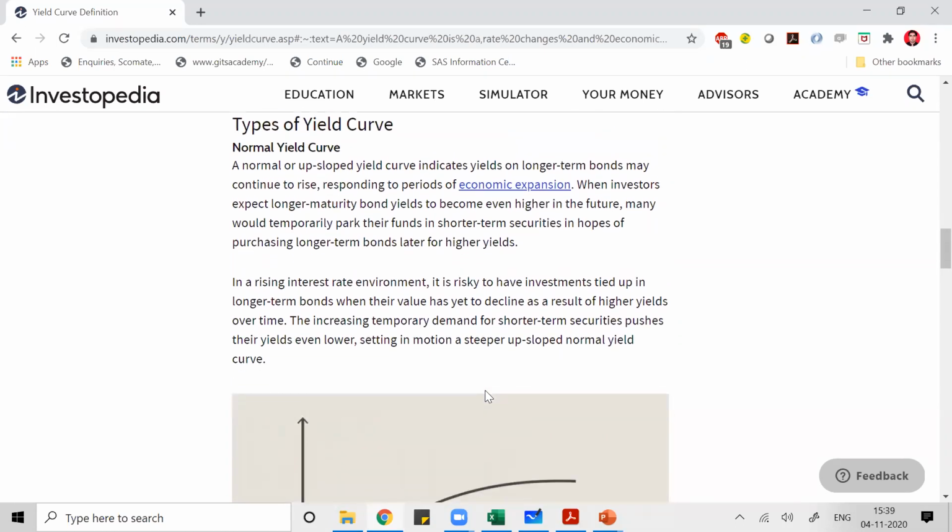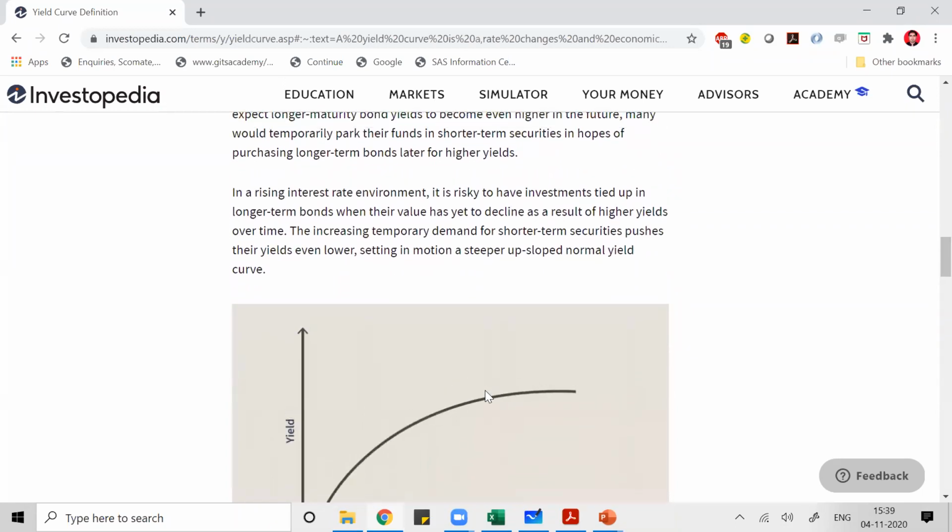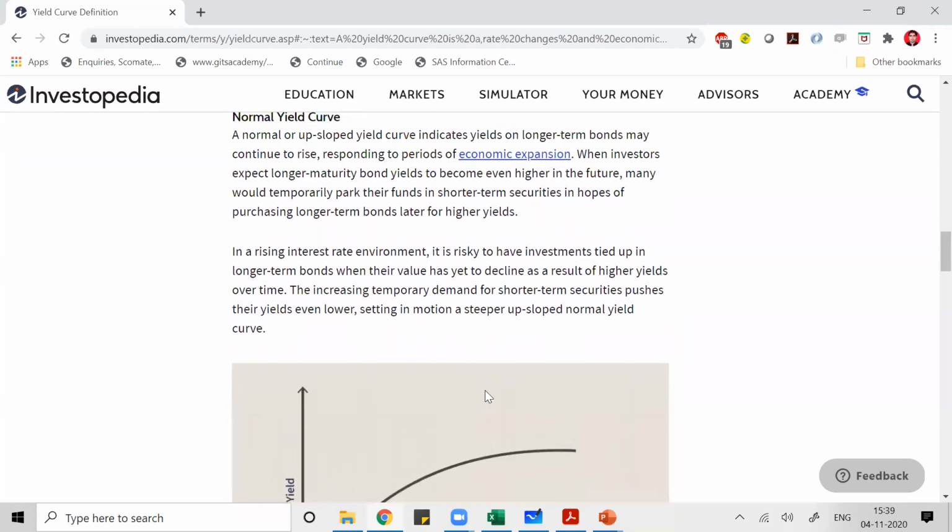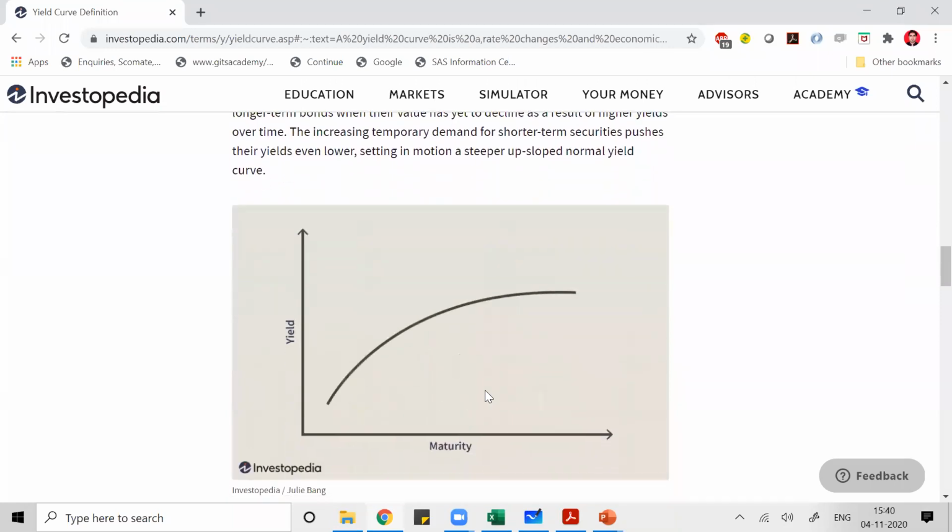So this is a normal or upsloped yield curve, which indicates that the yield on long term bonds may continue to rise because of economic expansion. Whenever you see the normal yield curve, you can predict that the market will grow and expand with time.